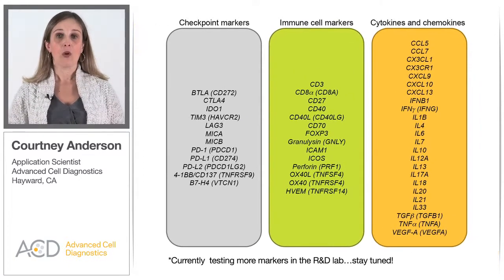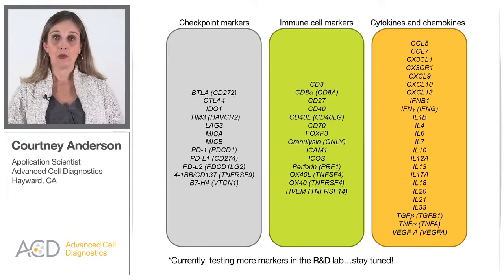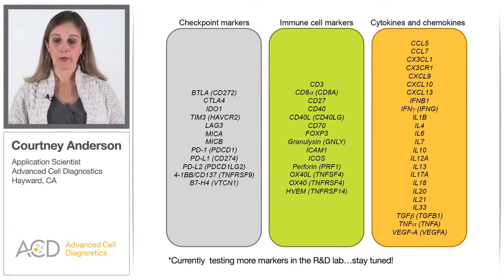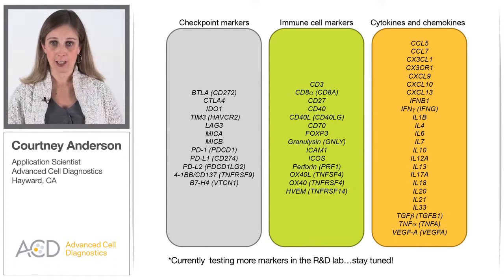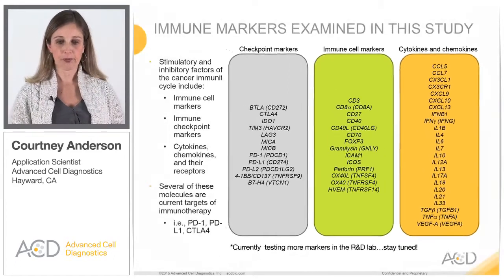In this study, we examined 3 categories of markers. We looked at 12 checkpoint markers, 14 immune cell markers, and 24 cytokine and chemokines, as well as some of their receptors, totaling 50 markers analyzed using RNAscope. And we're currently testing more markers in the R&D lab, so you should stay tuned.